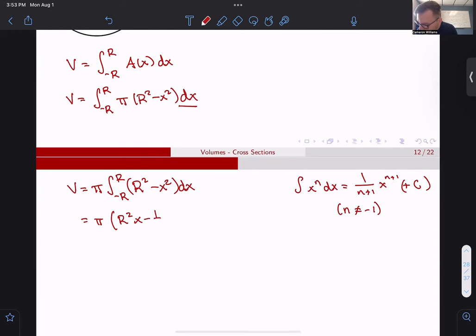So we're going to get minus 1/3 x cubed evaluated at our endpoints, our limits of integration, minus r to big R. And now all we have to do is plug and chug. So that's pi, and I'm going to keep pi factored out. I'm going to use some square brackets because I'm going to leave the upper limit in one set of brackets and lower limit in another set of brackets.